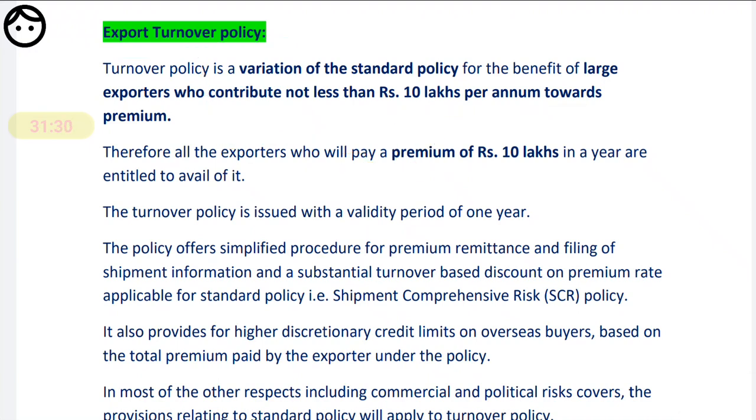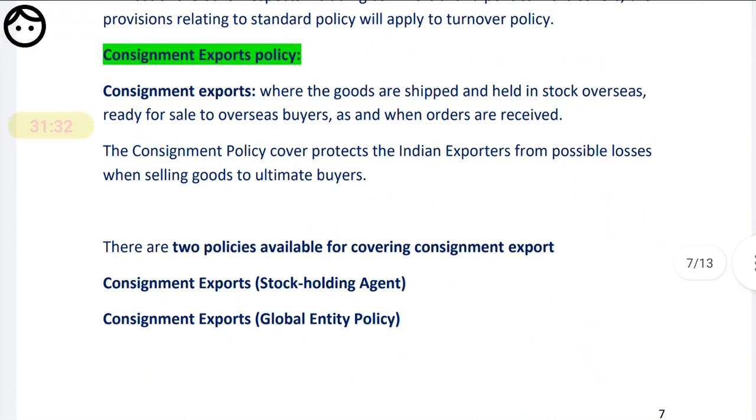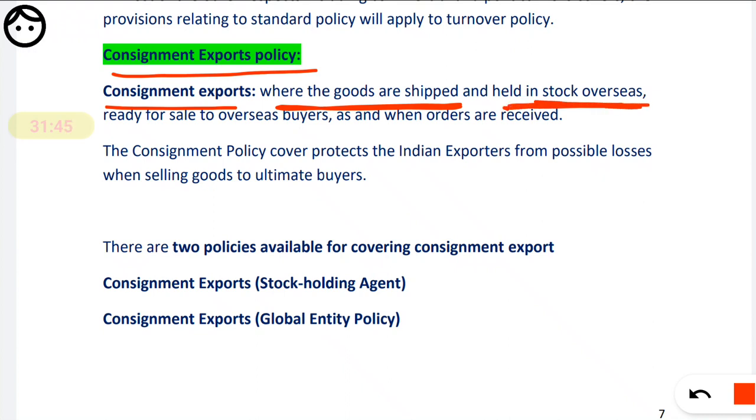Now the next that I want to bring to your attention is the consignment export policy. So what is a consignment export? It is where the goods are shipped and held in stock overseas, that means the stock is held abroad and ready to sell to the overseas buyer as and when orders are received.